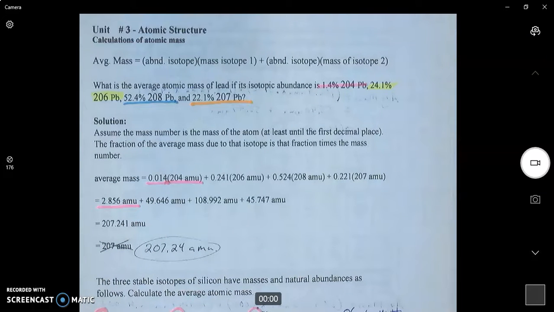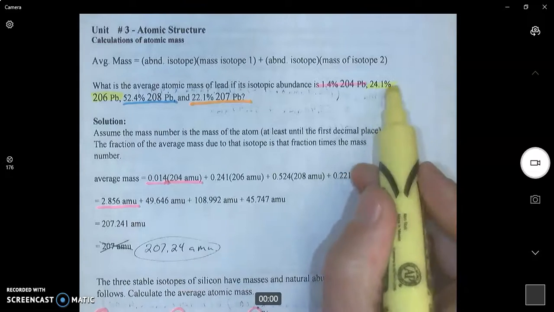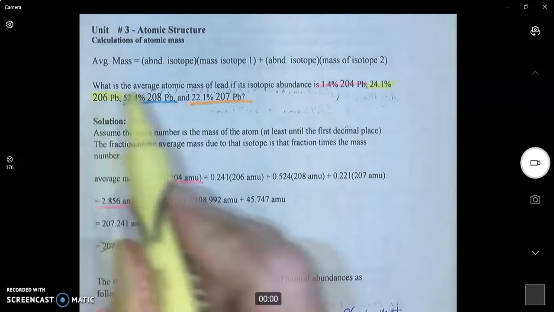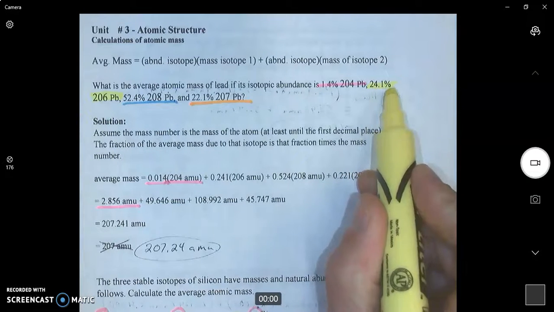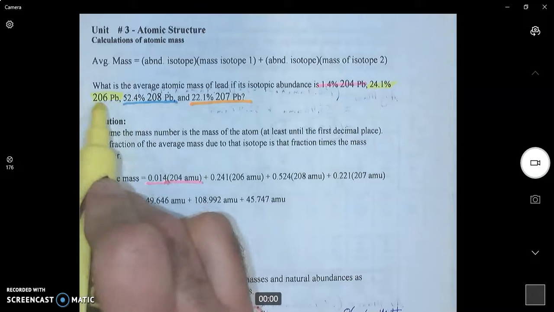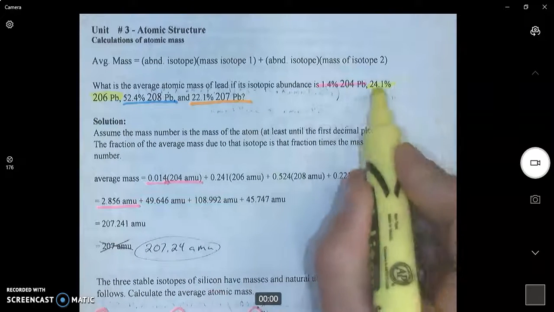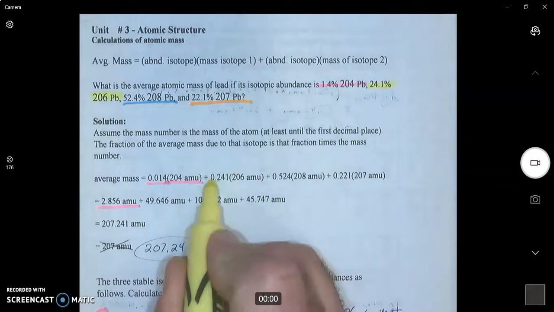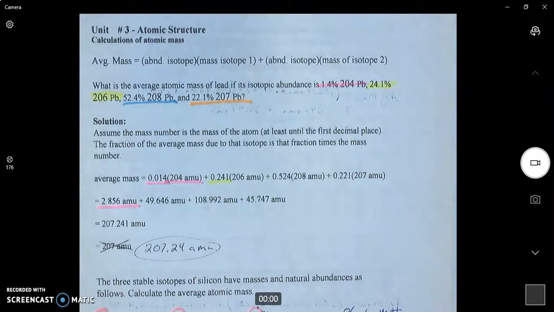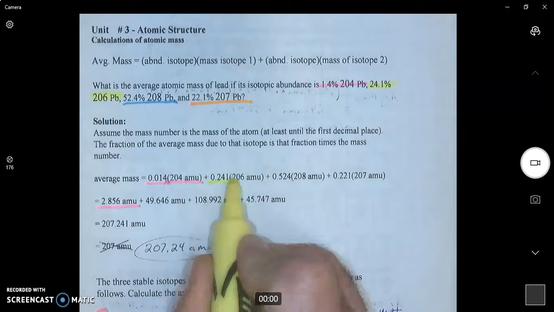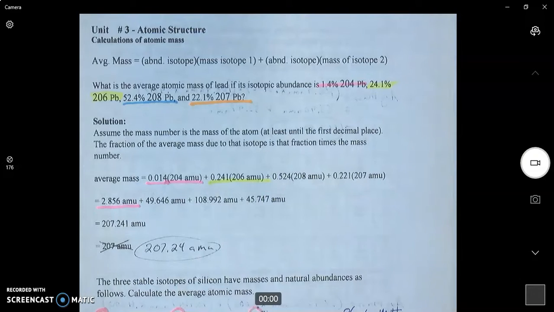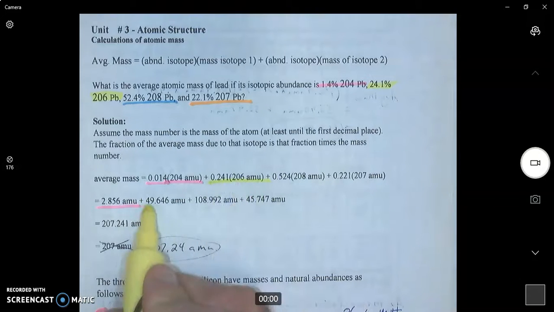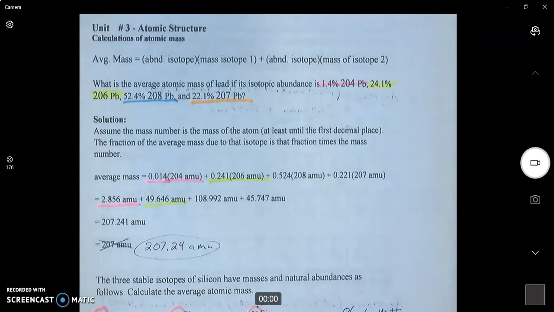Then we're going to take the next set of data, 24.1% at 206. So that means 24.1% of the sample has a mass of 206 AMUs. We're going to change our percentage to a decimal, 0.241 times 206 AMUs. That product would give us 49.646.